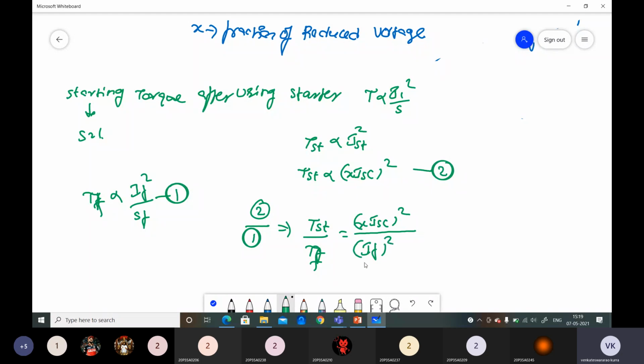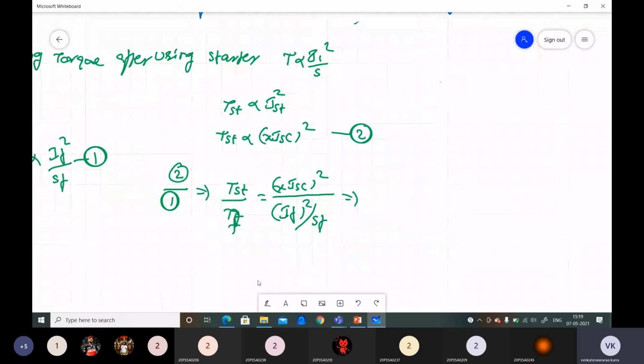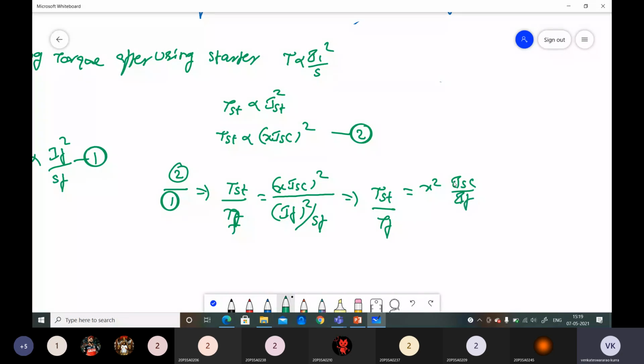So the starting torque by full load torque equals X square times ISC by IF whole square into SF, the full load slip.